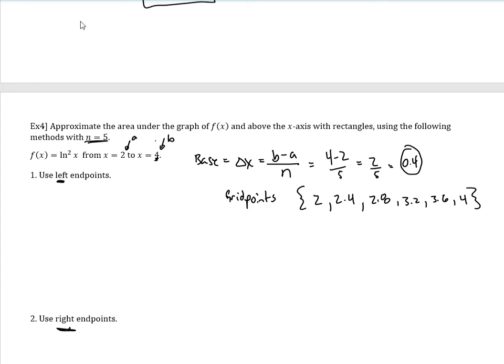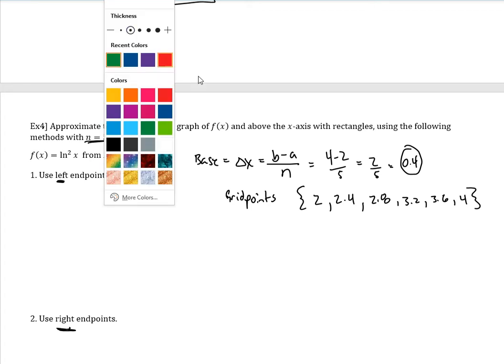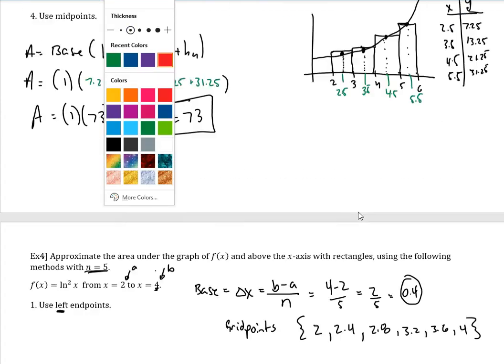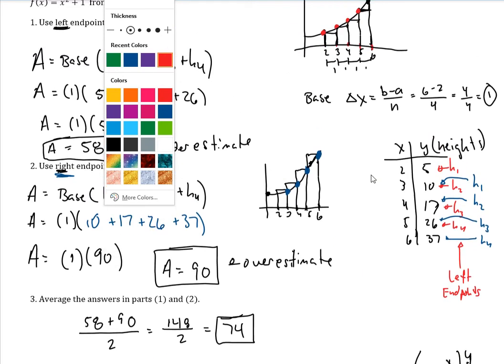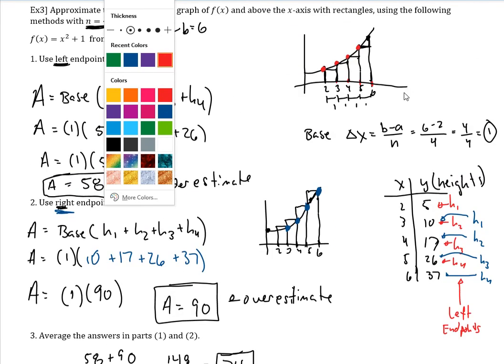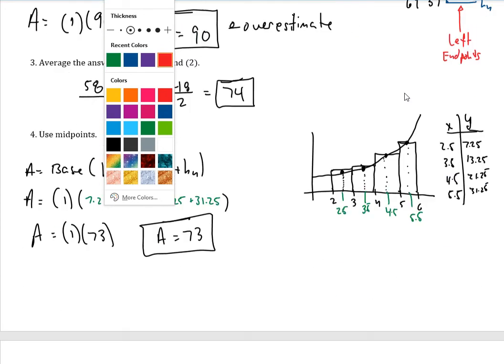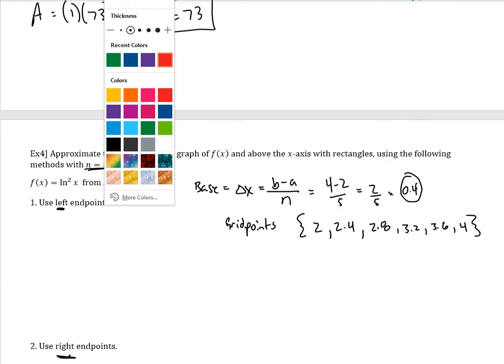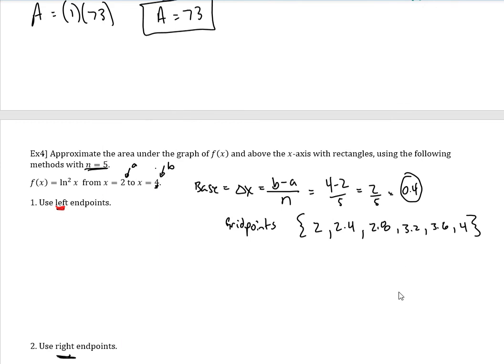I'm going to break this down just like I did the last one, so I want to avoid doing the sketch each time. The sketches are nice, but now that I have the grid points, I just start with the most left one for the left Riemann sum. I'll keep this one in red. These are the x values that will help me find the heights for my left Riemann sum.